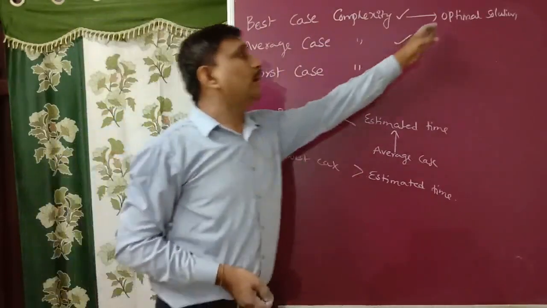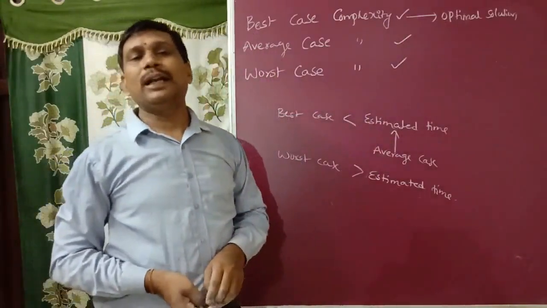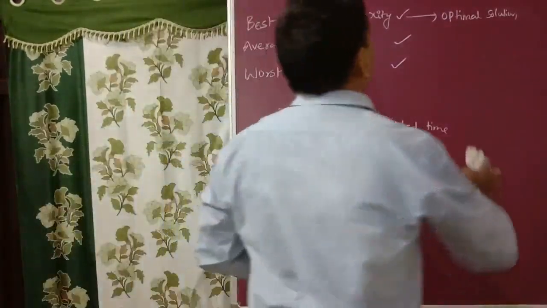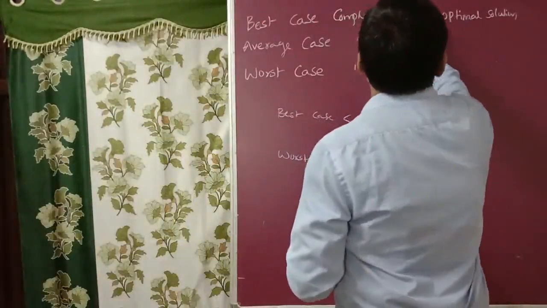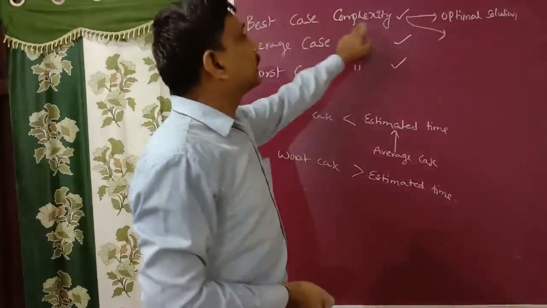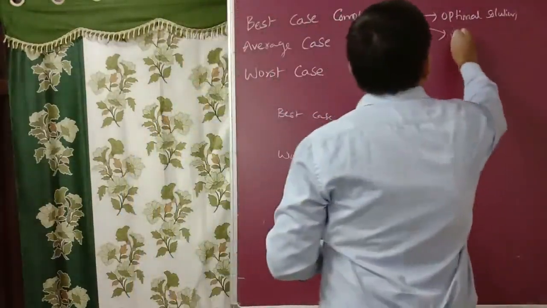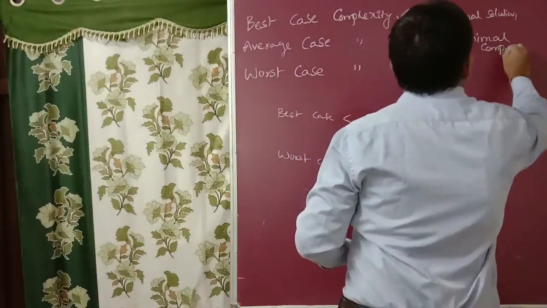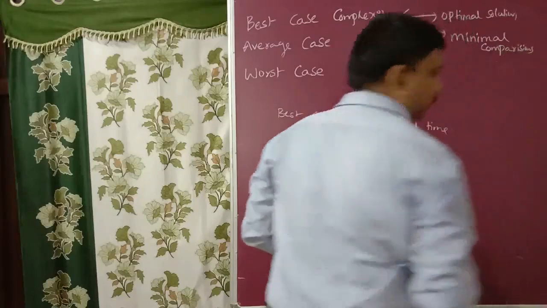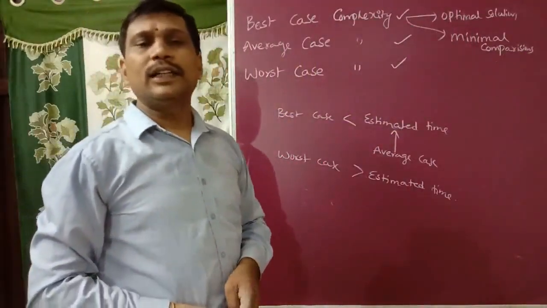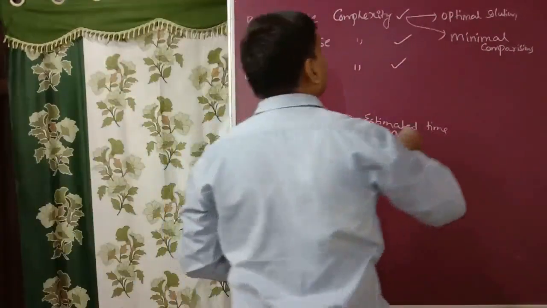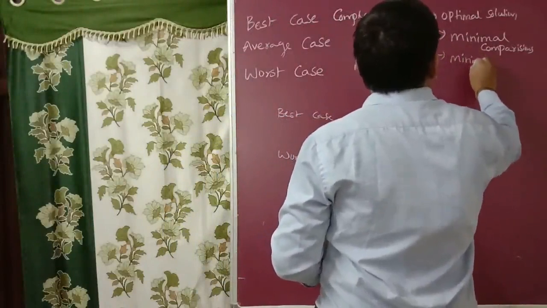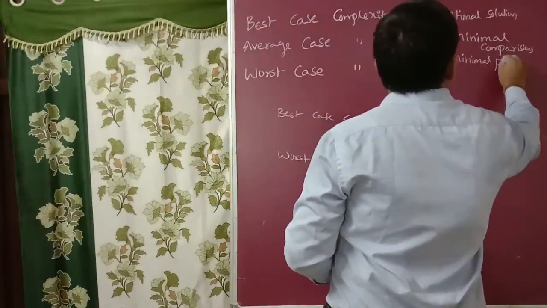That's why it is optimal. Best case complexity returns minimal comparisons of the input, so in minimal time we get the answer with the minimal possible input.